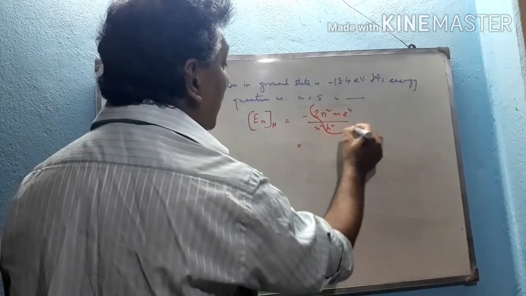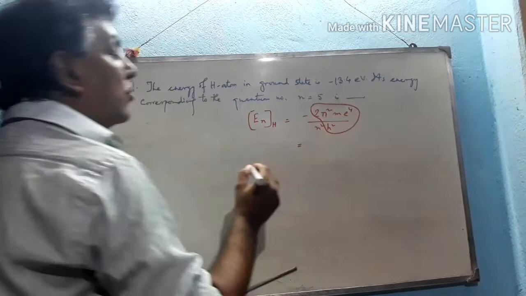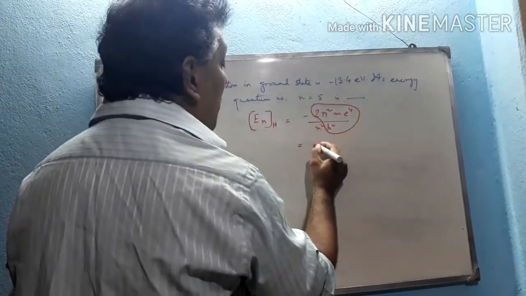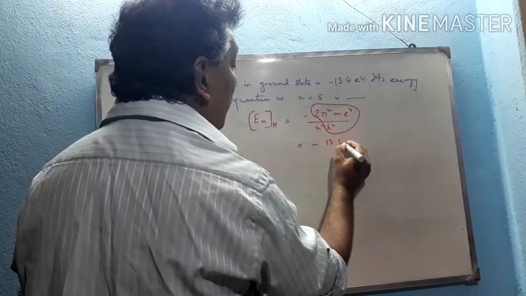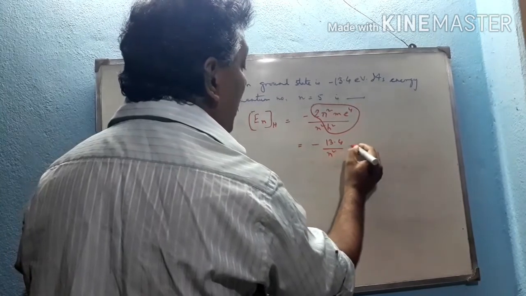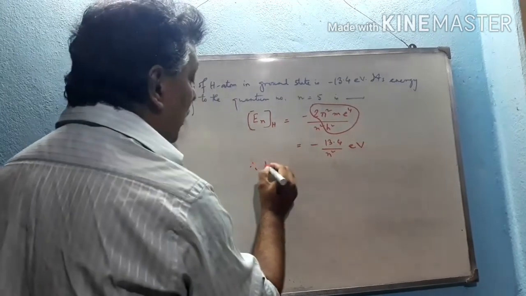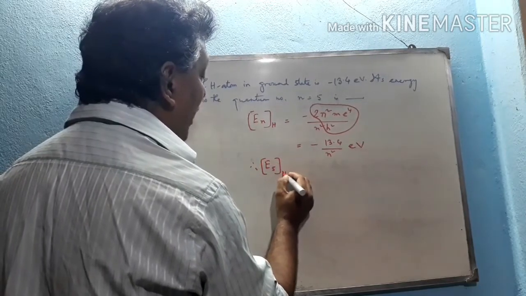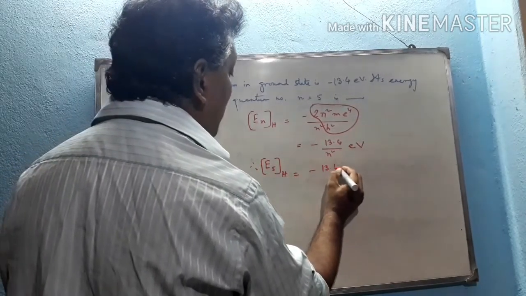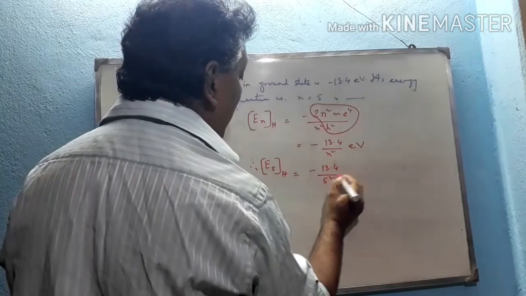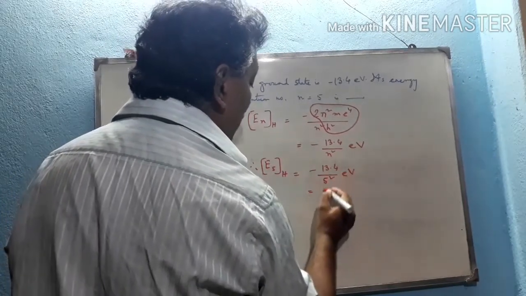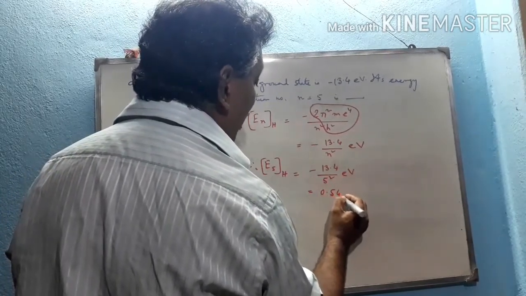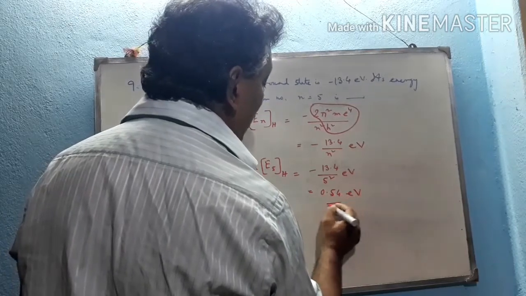This is a particular constant for a particular electron in an atom. Therefore minus 13.4 divided by n square electron volt. So if we calculate the energy of the electron in nth orbit of hydrogen atom, this will be equal to minus 13.4 by 5 square electron volt. So by 25, that means 0.54 electron volt. This will be the answer.